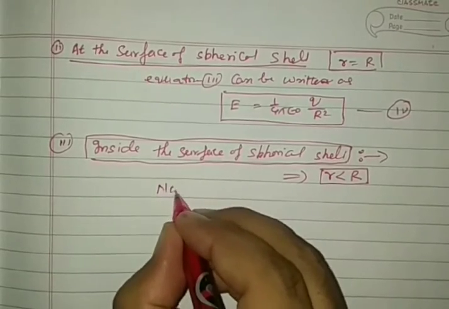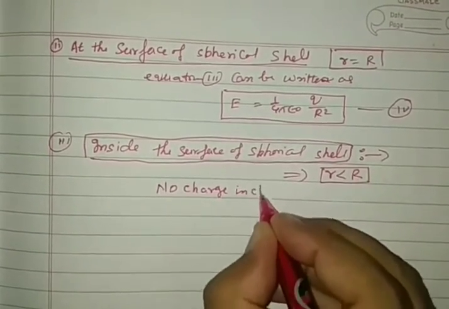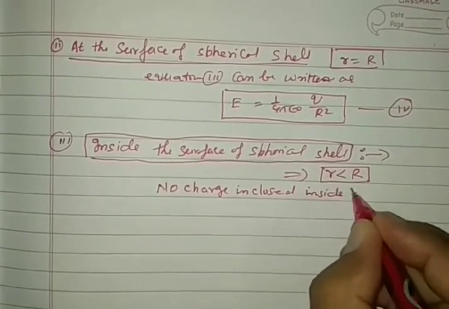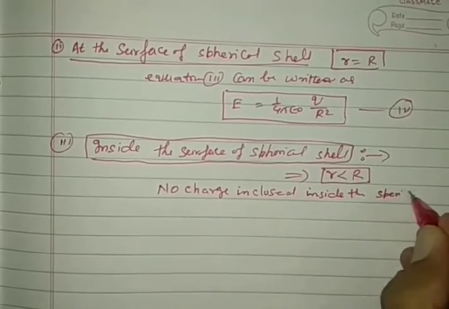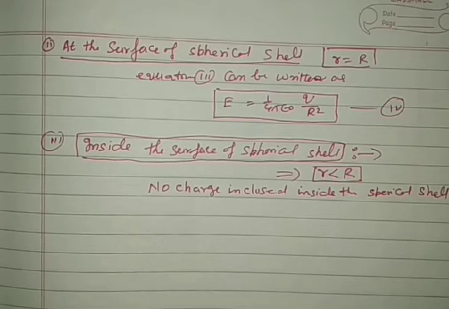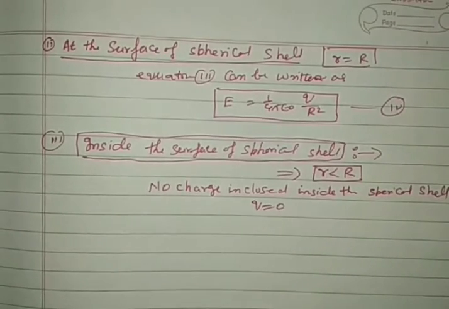No charge enclosed inside the spherical shell. If no charge is enclosed inside the surface, it means Q inside is 0.